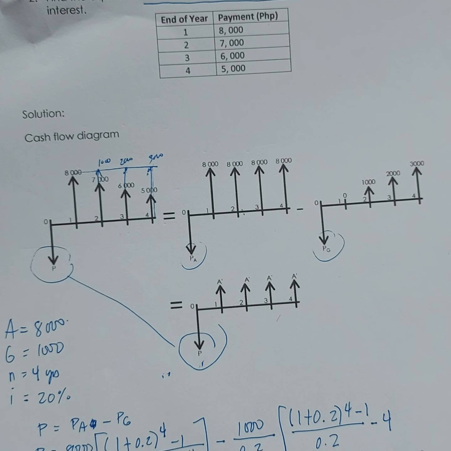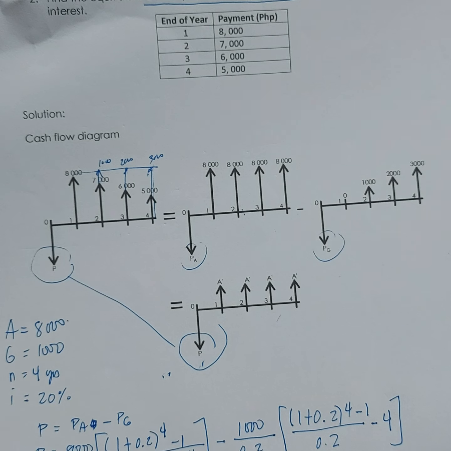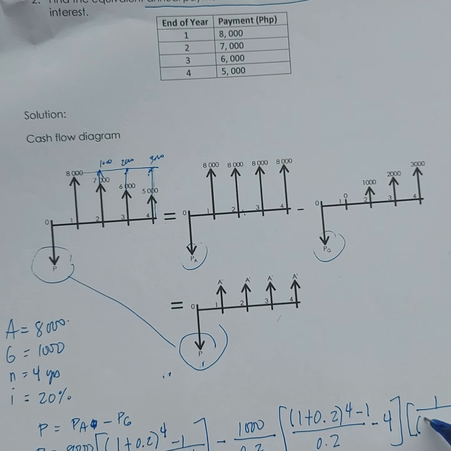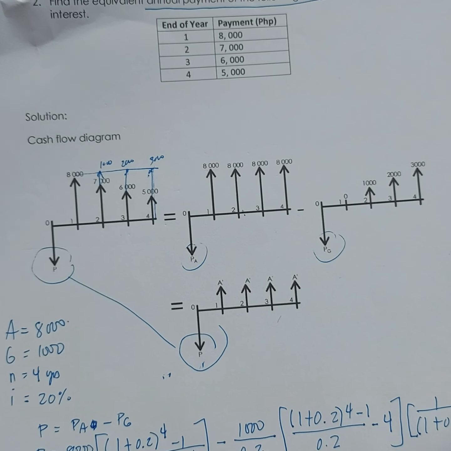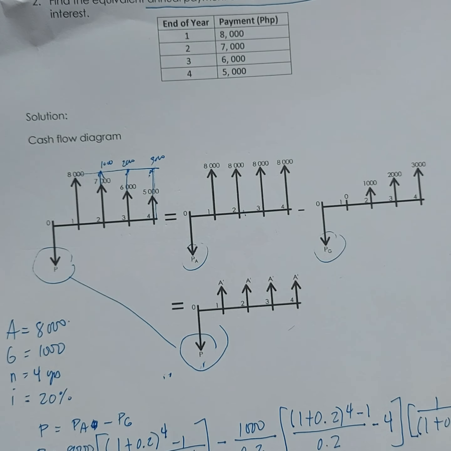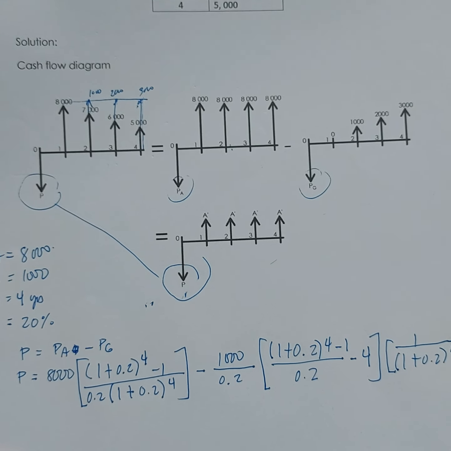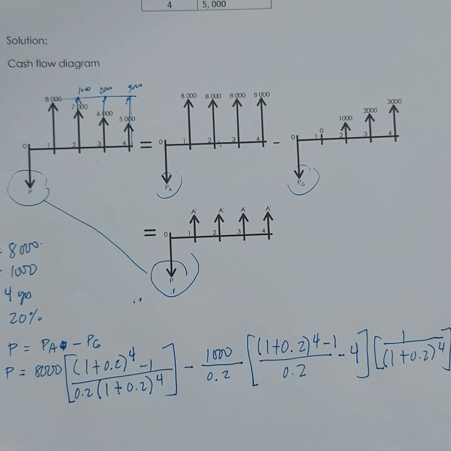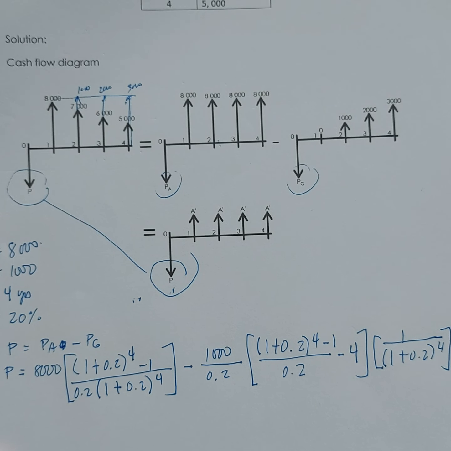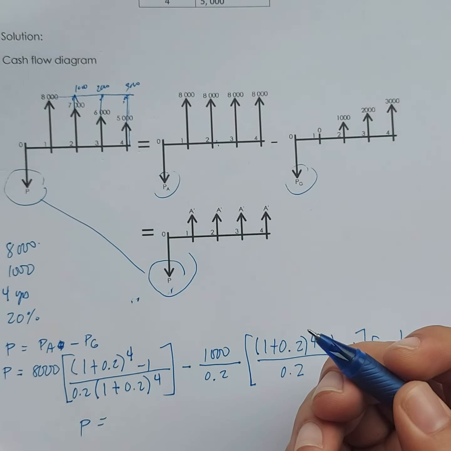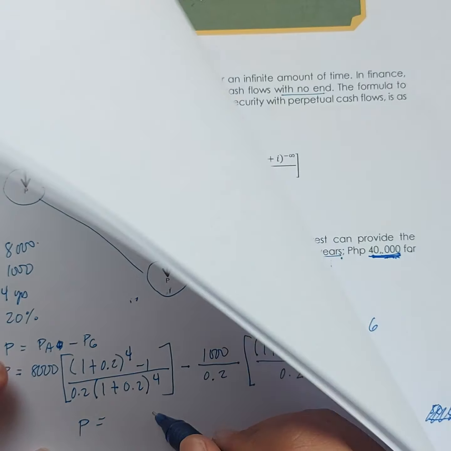Minus 4. Yeah, okay, that's it. I am sorry for that. P now is equal to 17,000.